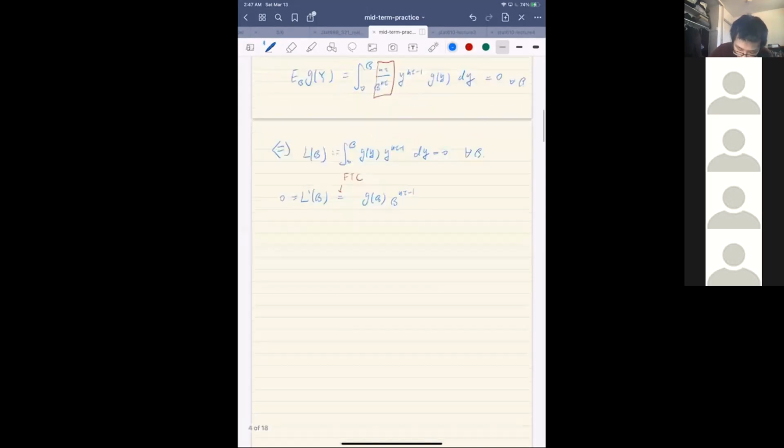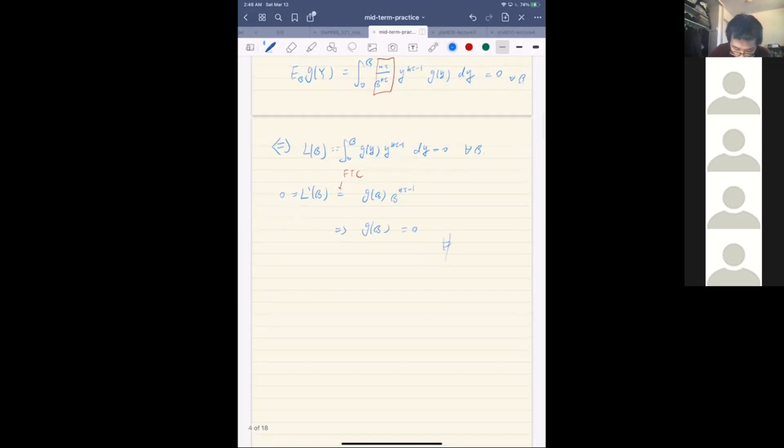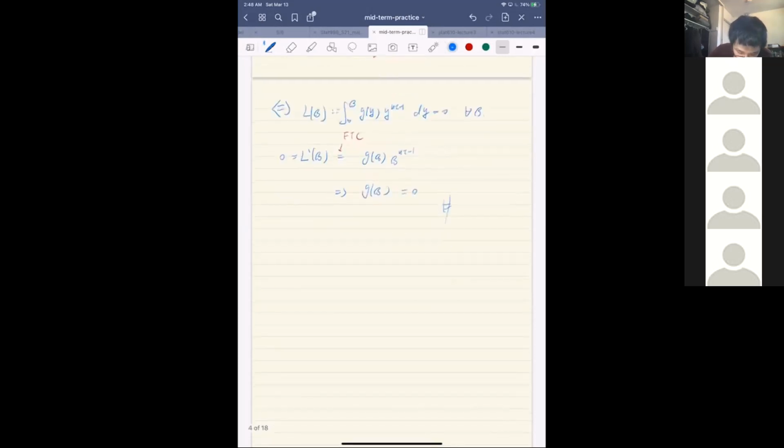Then this equal to 0 will imply that g of beta should be 0. So the whole function is 0. Then Sn is complete.